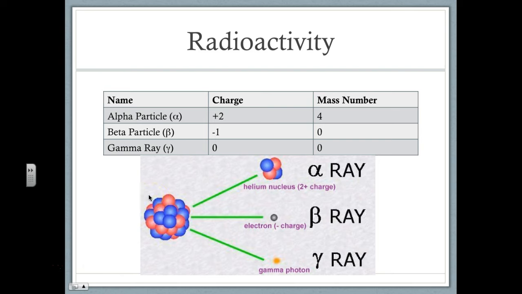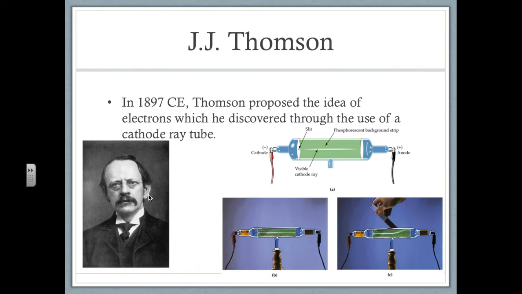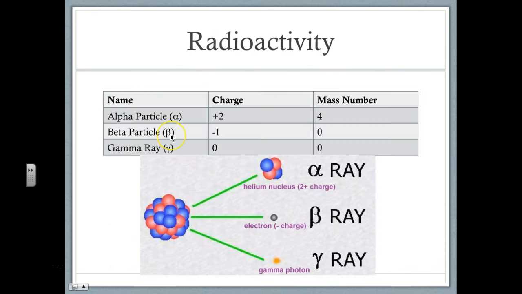But this radioactivity helped us discover the different structures of an atom. In fact, for the electron, this was not in the reading, but I'll talk about it anyways. In 1897, after Dalton did all his stuff, J.J. Thomson proposed the idea of electrons, which he discovered through the use of a cathode ray tube. Basically, this cathode ray gave off this green beam, which essentially is the beta particle.